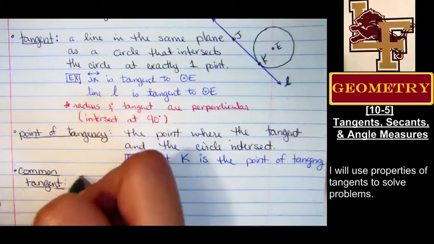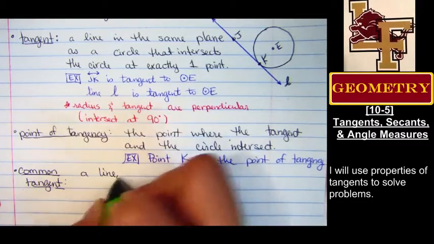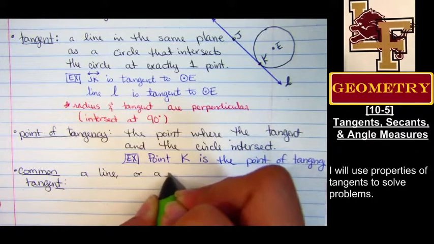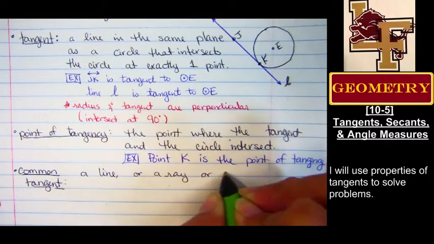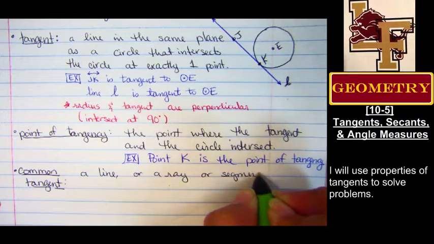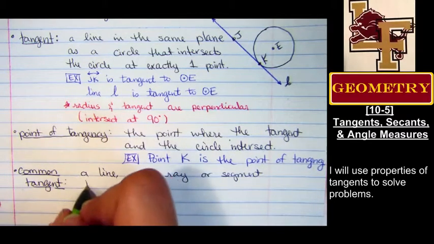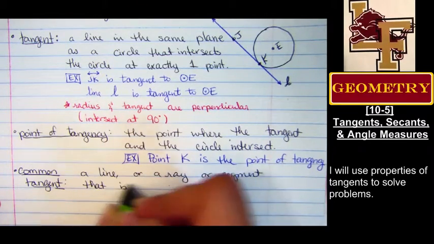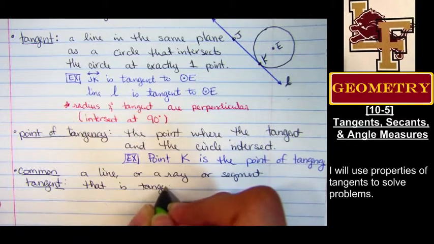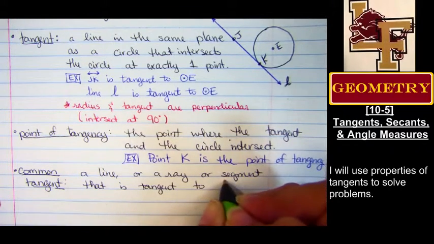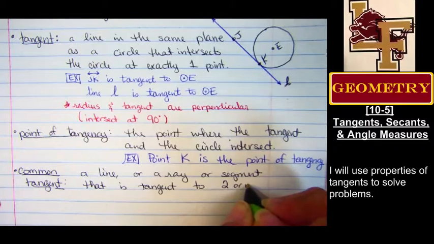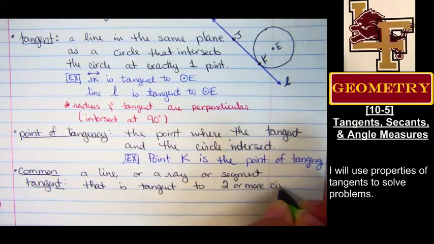So the common tangent is going to be a line or a ray or a segment that is tangent to two or more circles.